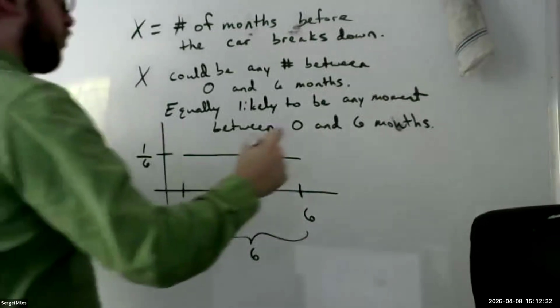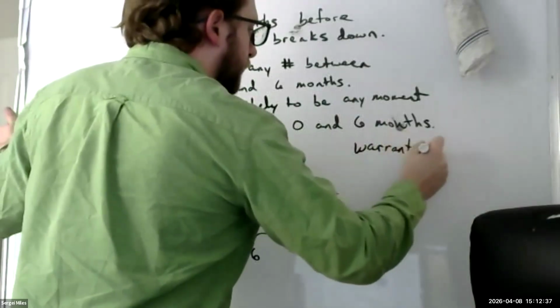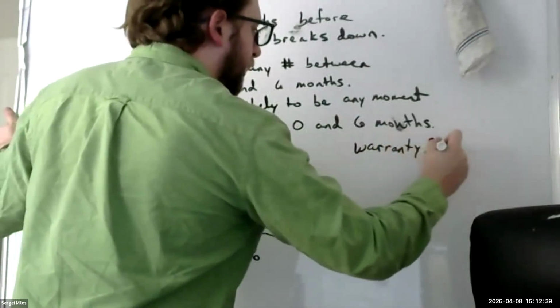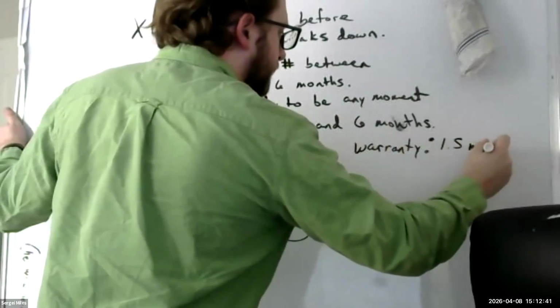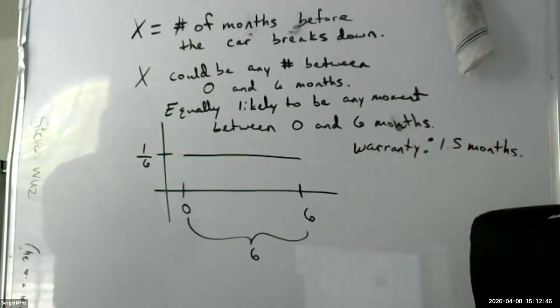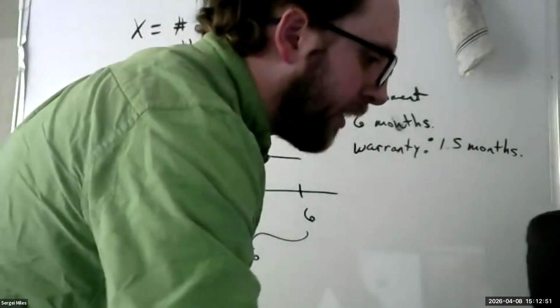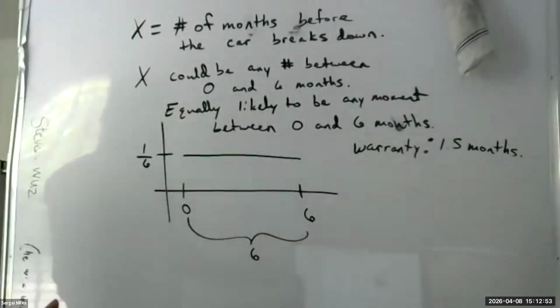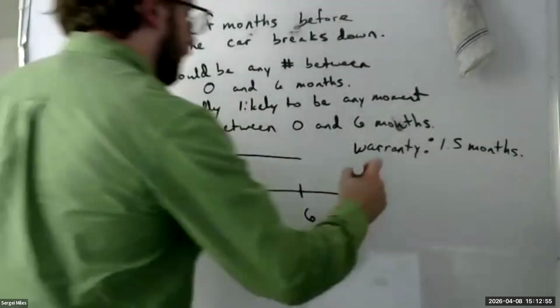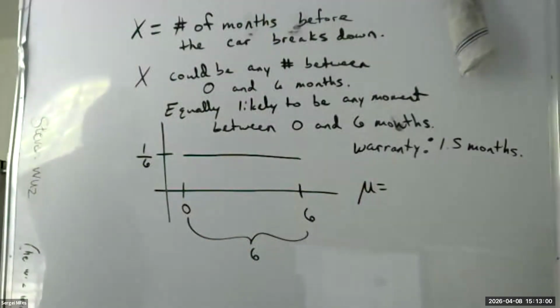And now he gives a warranty of 45 days. Now in months' time, that means it's a warranty of 1.5 months. Okay. Is that actually a good deal? Well, think about the average here. On average, when would these cars be breaking down? Well, the average, again using the Greek letter mu here, is supposed to be the dead middle between 0 and 6.